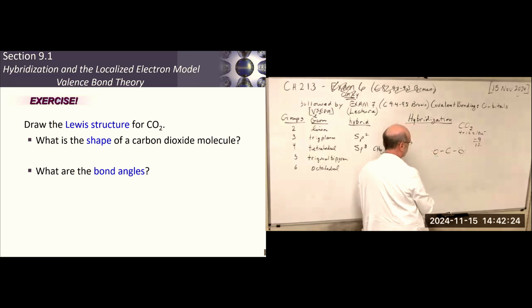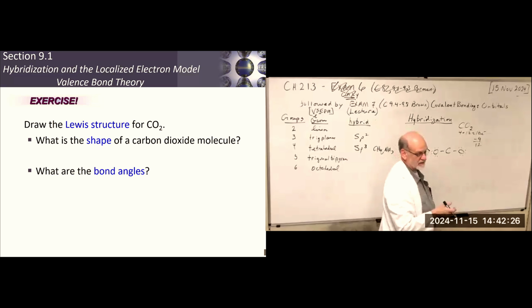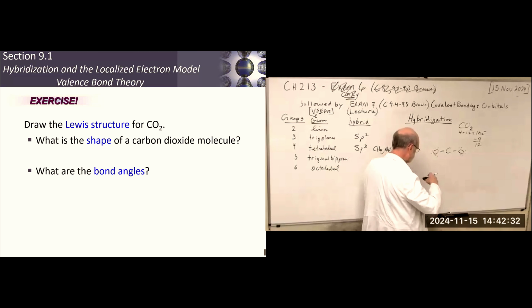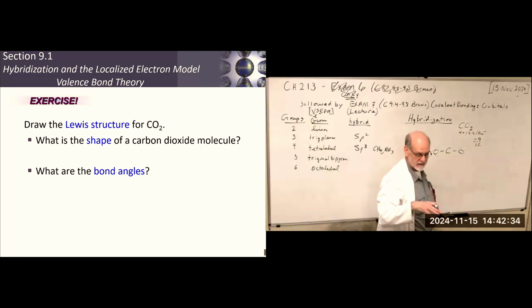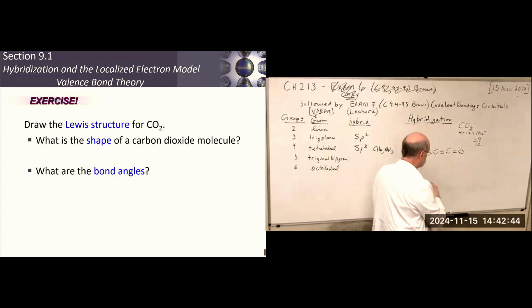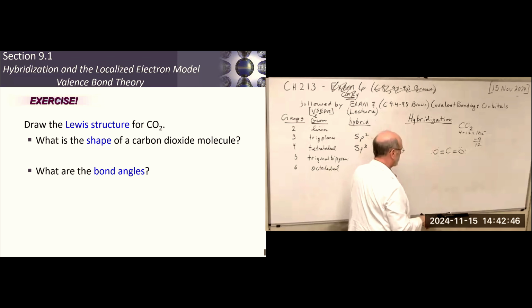There we go. Now we want to make an octet. And we found out earlier that the formal charge is best calculated by putting a double bond on either side. So we take 2 of those and make a bond, 2 of these and make a bond. There we go. So there's your Lewis structure.